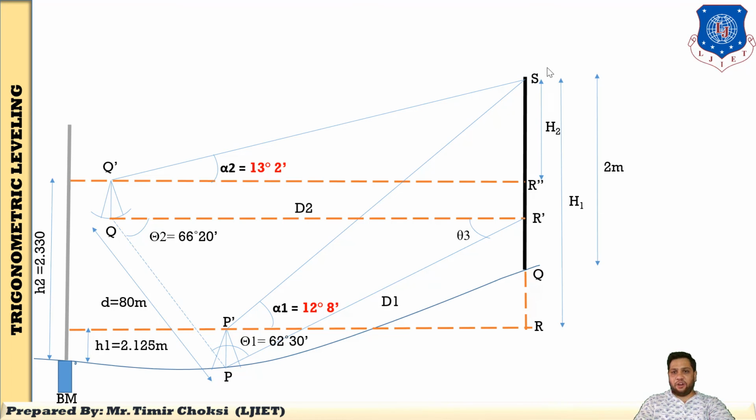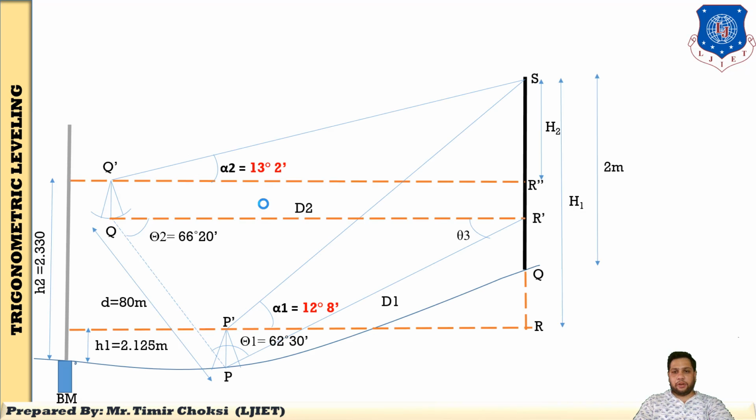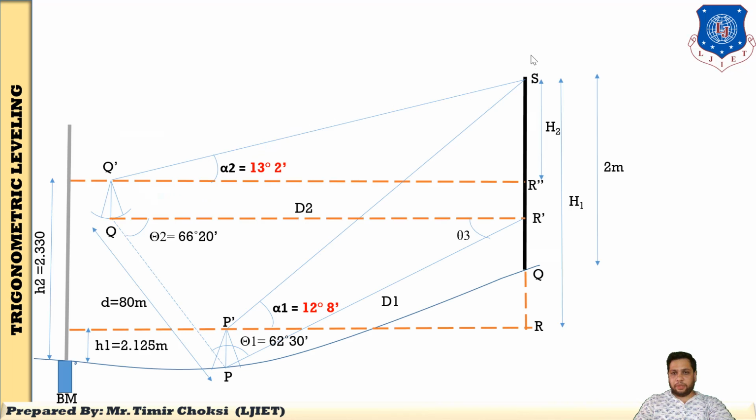So you have found the RL of S, and simply you have to find the RL of Q. How to find it? RL of S minus 2 meter. Why 2 meter? Because the flagstaff was 2 meter. I will repeat this. You have now found the RL of S, but our main goal is to find the RL of the top of the hill Q. Here you have clearly seen that the height of SQ, meaning the flagstaff, was 2 meter.